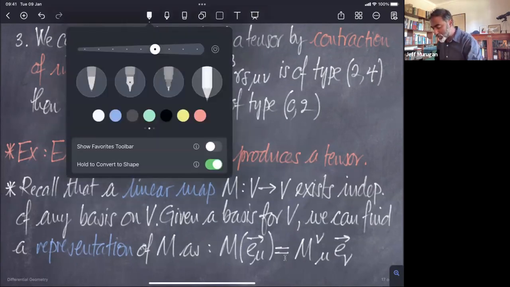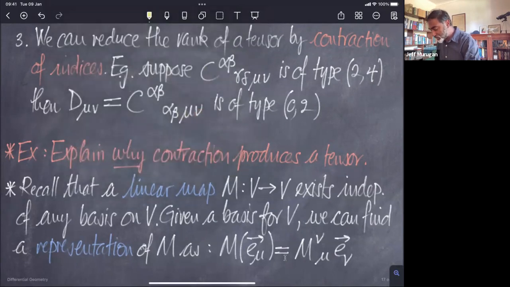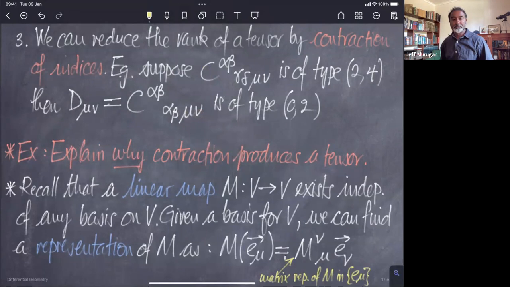So this is a matrix representation of M in the basis E mu. Okay.